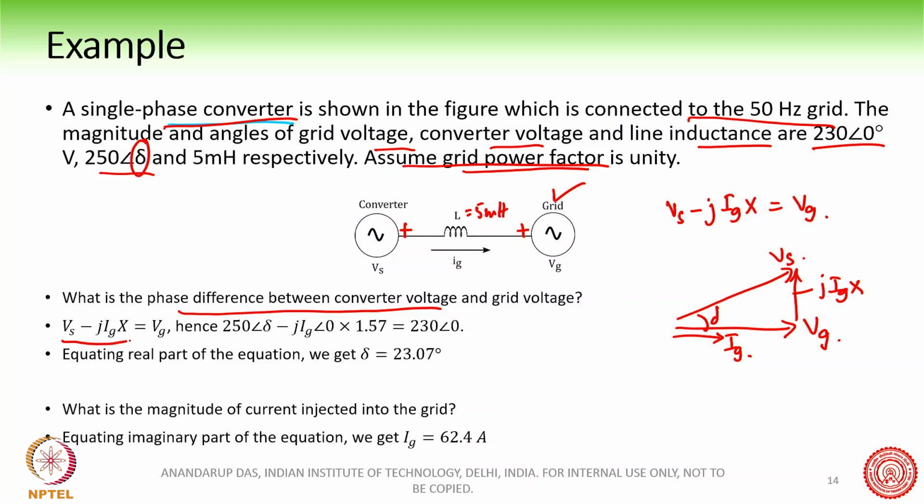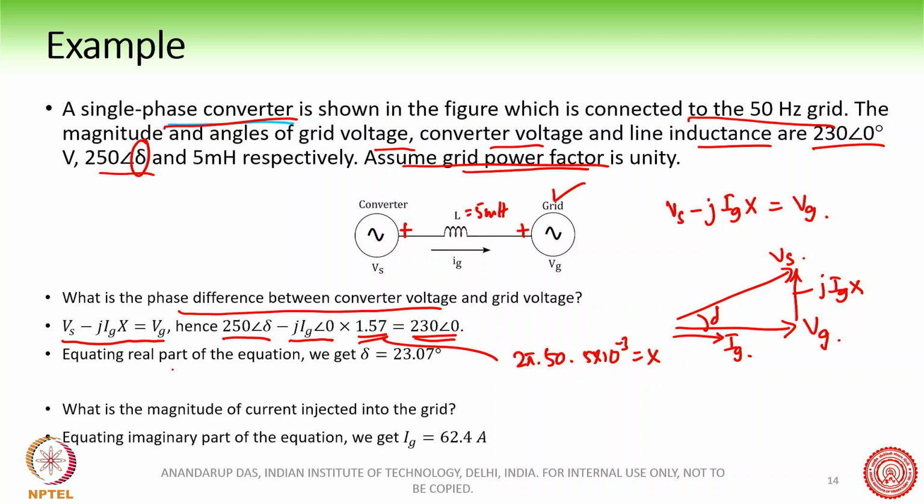So we can write Vs minus jIgX equal to Vg, hence 250 angle delta minus j Ig angle 0 times X, where X is 2 pi into 50 into L, L being 5 millihenry, which is 1.57, equal to 230 angle 0, because Vg is 230 angle 0, single phase operation.